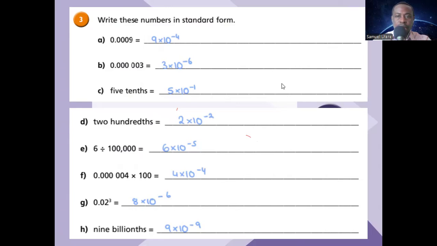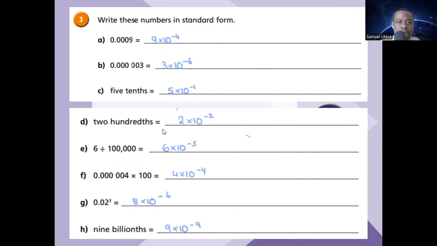Okay, so here are the answers. 6 divided by 100,000. Of course, that is the same thing as writing 6. So 6 divided by that number, so it's like saying 6 divided by 10 up to 5 times. So you're going to have 6 times 10 to the power negative 5.